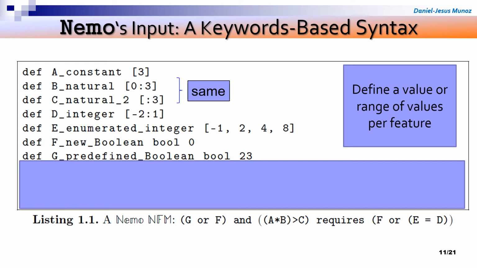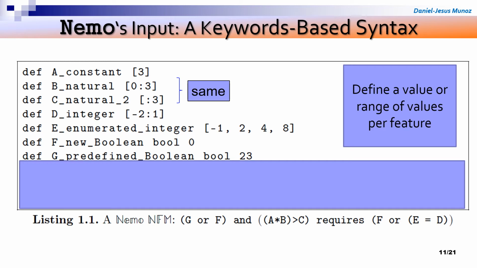Here we are defining features. Most of them are numerical features. The first one is a constant with a value of 3. The second and the third ones are two different numerical features, but with the same range of values, 0 to 3. That's because Nemo is so smart that an undefined lower bound is considered 0.